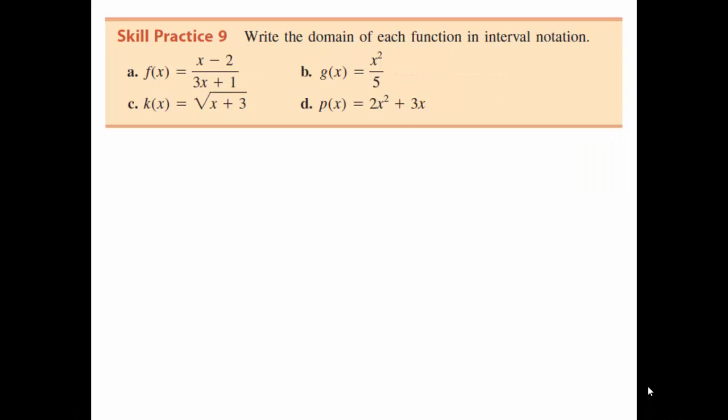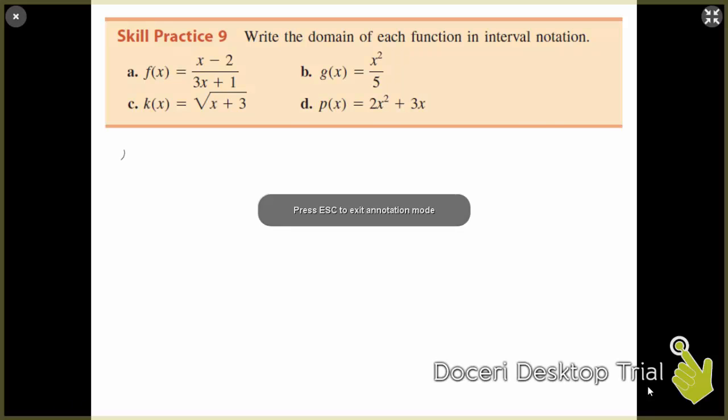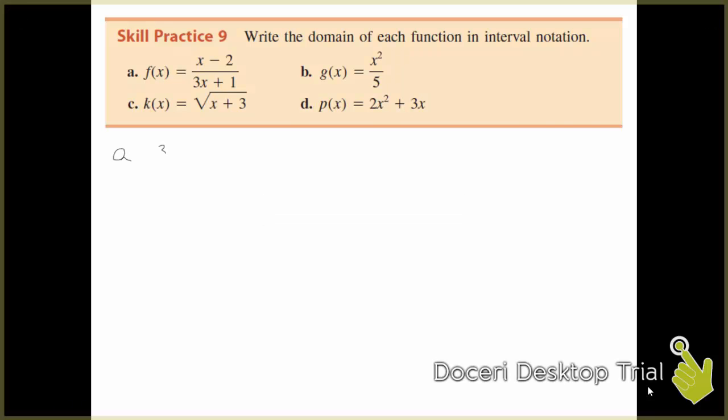Write the domain of each in interval notation. A is tricky. Remember, denominator can't be 0, so when we're looking at A, we need to figure out 3x plus 1 equals 0. 3x equals -1, x equals -1/3.